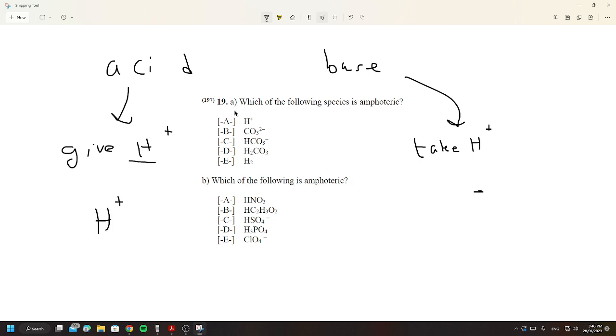So let's have a look at these ones here. Let's just rule out the ones that don't have a negative charge. So this one, and this one. So now let's compare between this and this. CO3 2 minus does not have an H atom. So we can say that C is the answer, and that's correct.